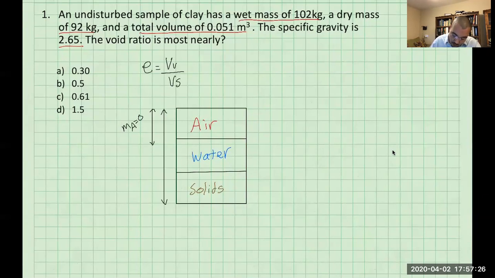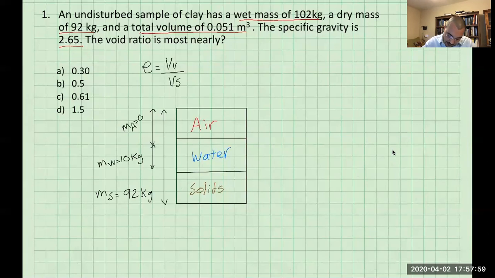The mass of the water, in this case, will be equal to the wet mass, which is 102, minus the dry mass, which is 92 kilograms. So we have 10 kilograms. This is the mass of water. For the mass of solids, we are given a dry mass of 92 kilograms.